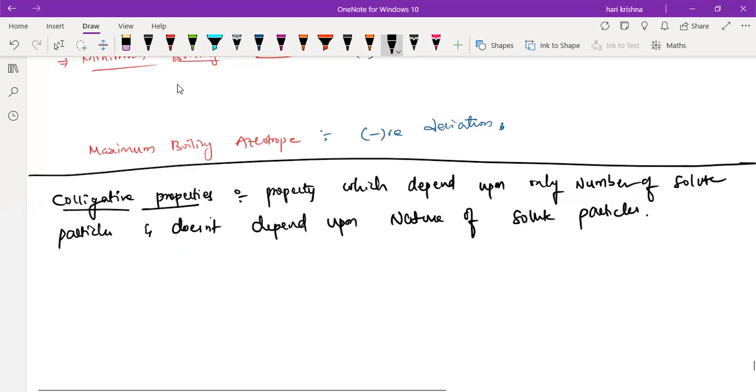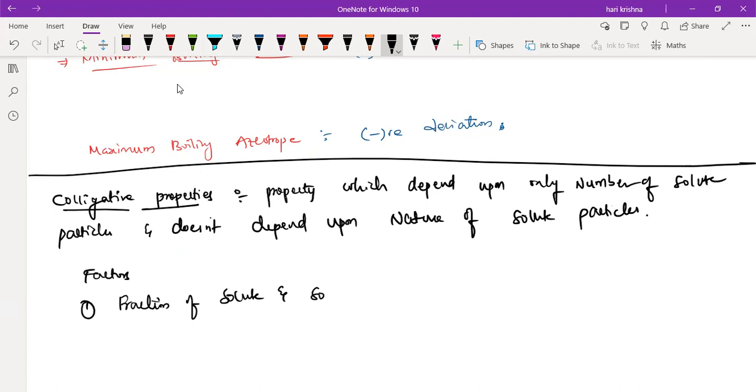So what are the factors which affect the colligative properties? First one, fraction of solute and solvent particles in solution. That means the amount of solute particles and the amount of solvent particles in the given solution, that depends. Next one is the nature of solvent. If the solvent is less viscous, the solute particles will move freely.